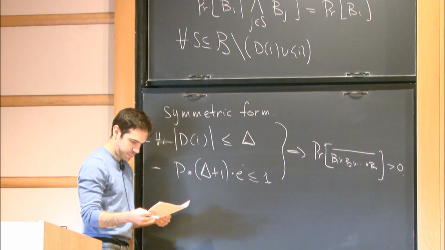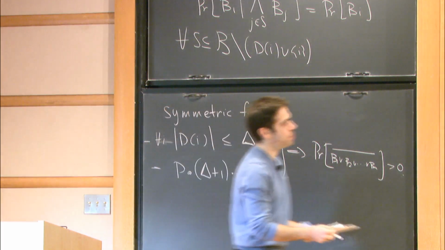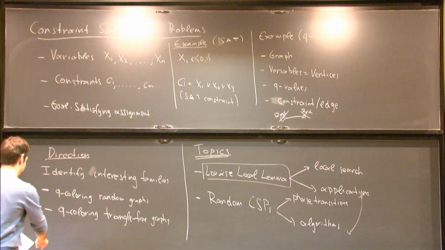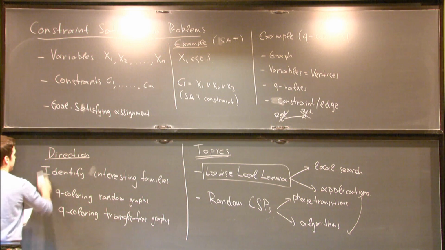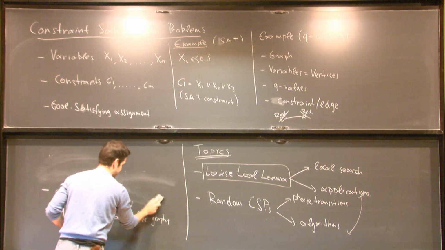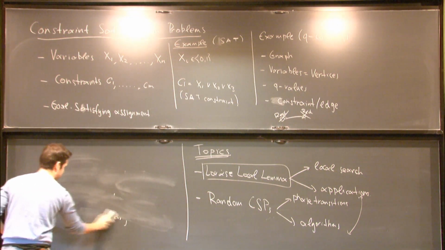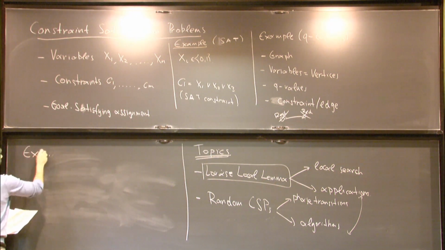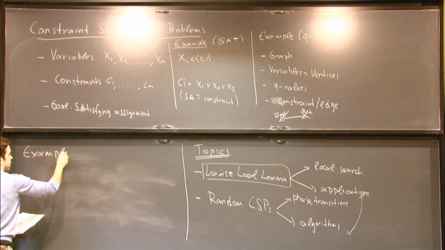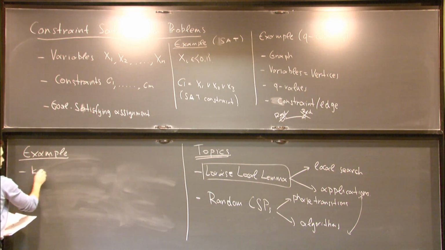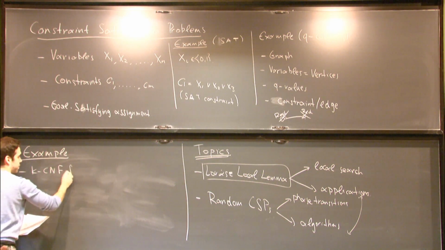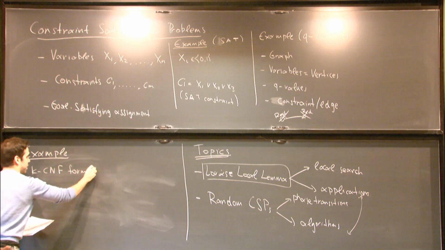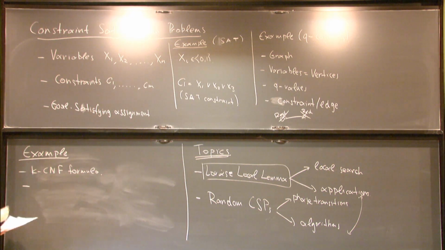So, okay, let me show you an example. Say you have a k-SAT formula, and it has the following property.